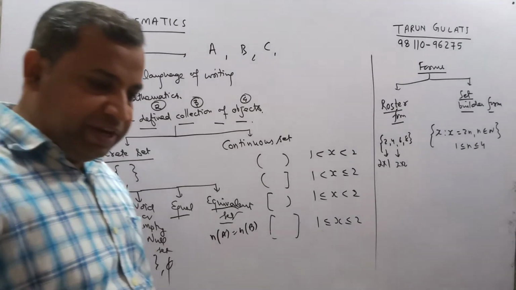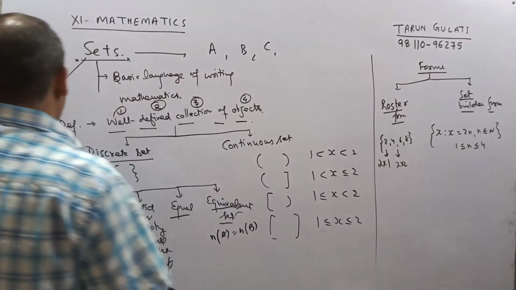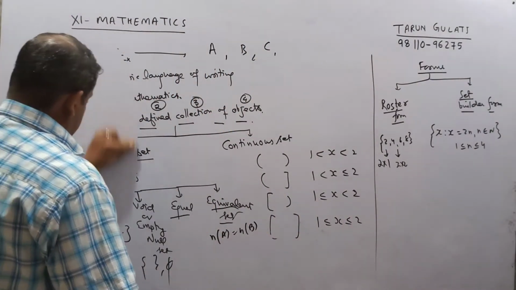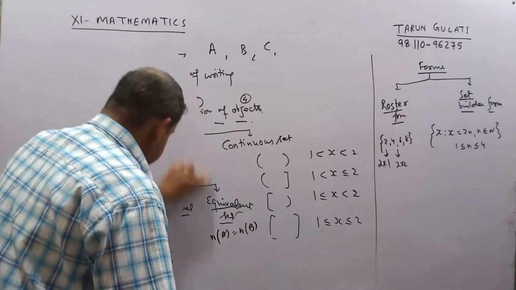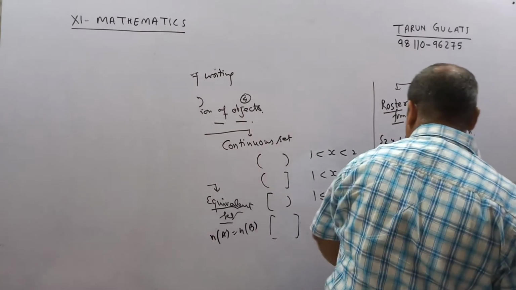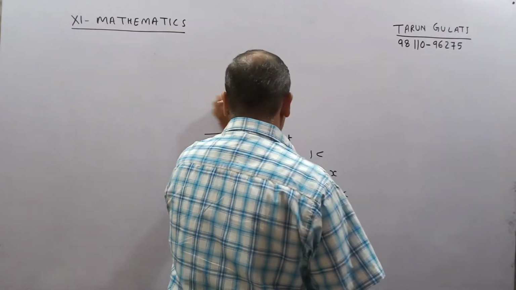I suppose the meaning is clear to everyone. The basic meaning of set is clear to everyone. Now I am going to move towards subsets. Subset is nothing, it is son of set.